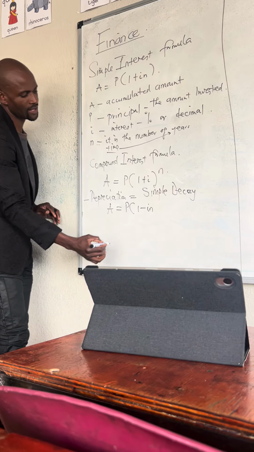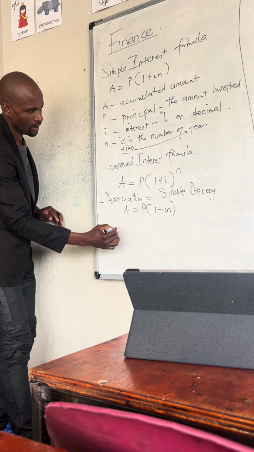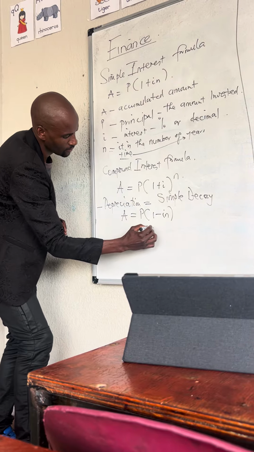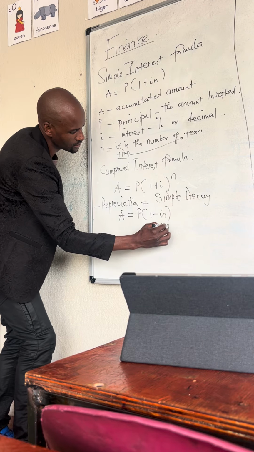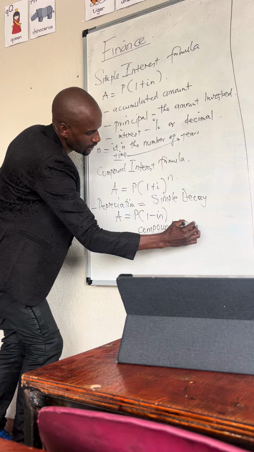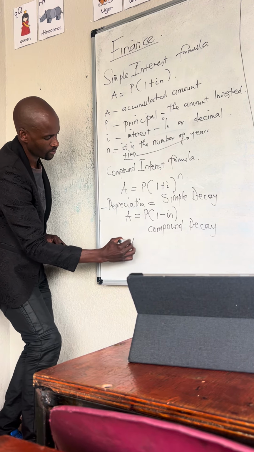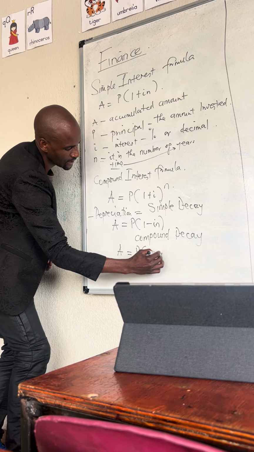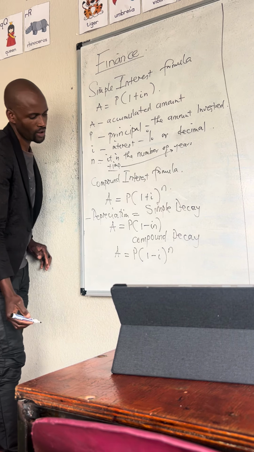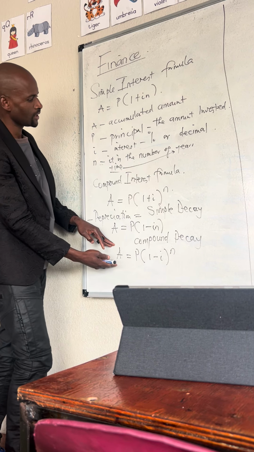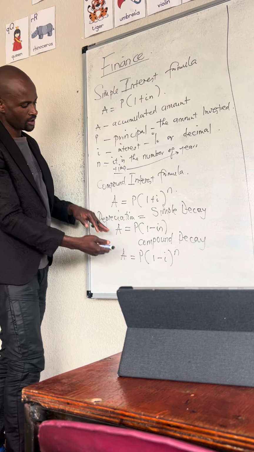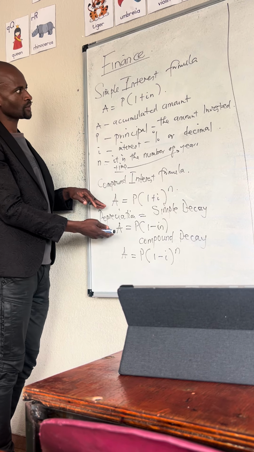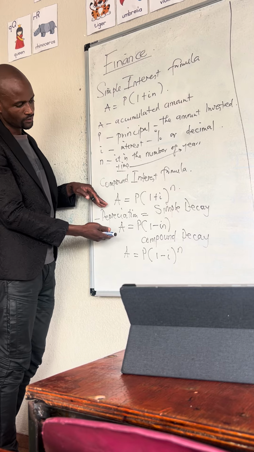And then our compound decay formula is A = P(1 - i) to the power of n. This one is similar to the compound interest formula, and the simple decay one is similar to the simple interest formula.